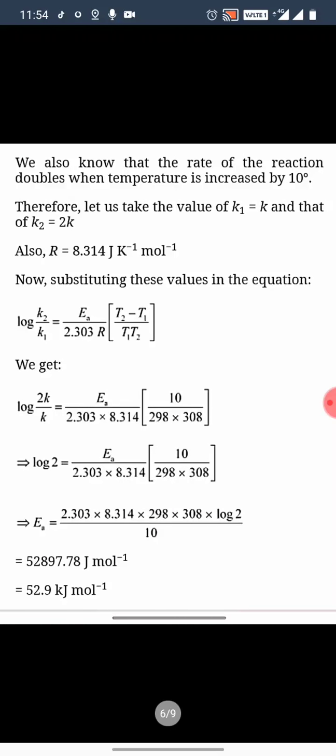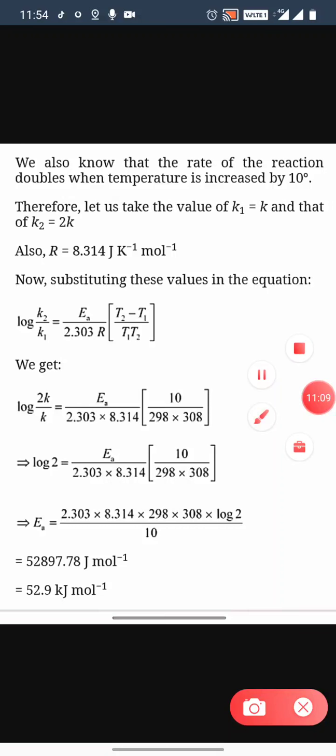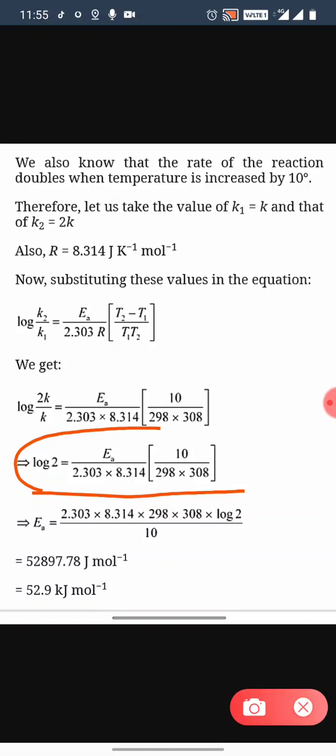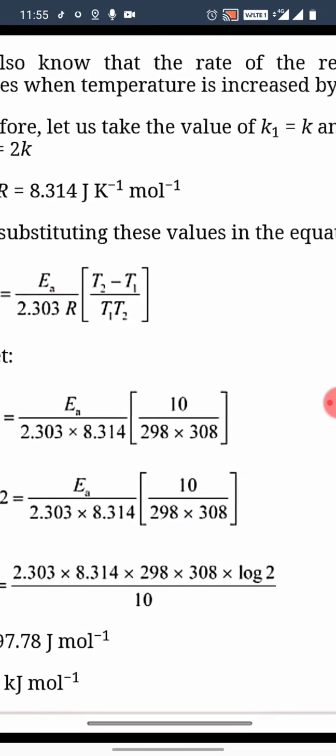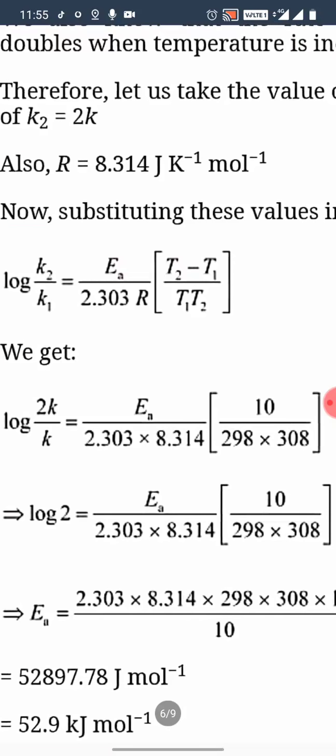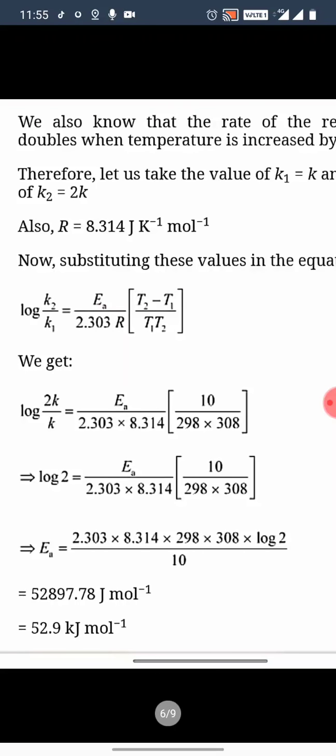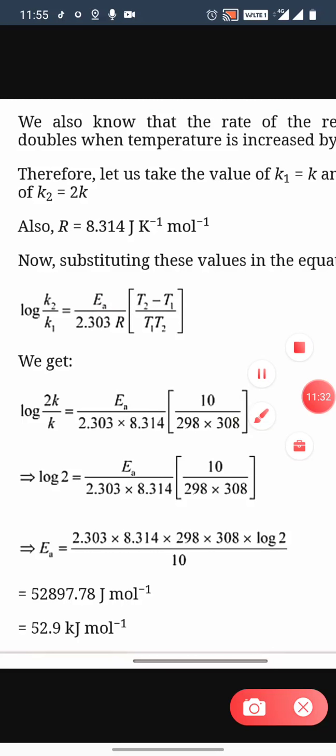You can see here that finally on substituting the values, I hope if you are clear with the concept, you can substitute all the values on your own, and I am directly coming to this step. The details you can study on your own, and then simplifying the equation or making activation energy as the subject of formula, you will get the answer as 52897.78 joule per mole.